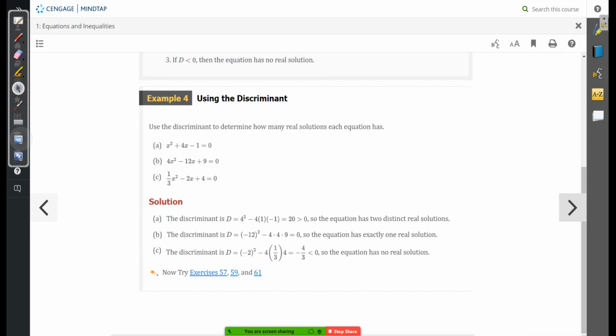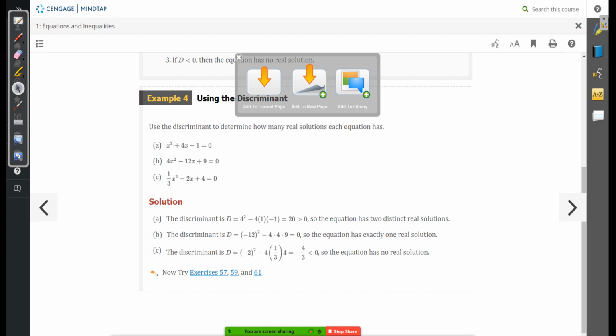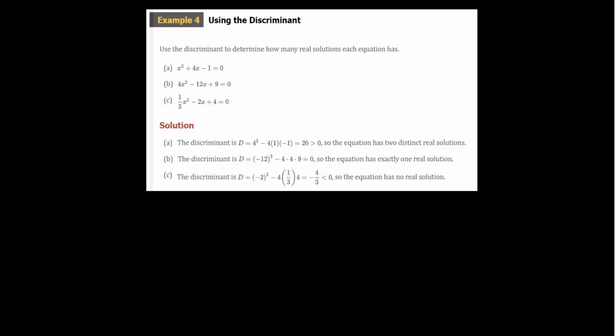This example just wants us to find out how many real solutions each equation has. This would be another one of those where I don't even solve. It's something you can read on later instead of me working it. So use the discriminant to determine how many real solutions each equation has. For a, we've got x squared plus 4x minus 1.